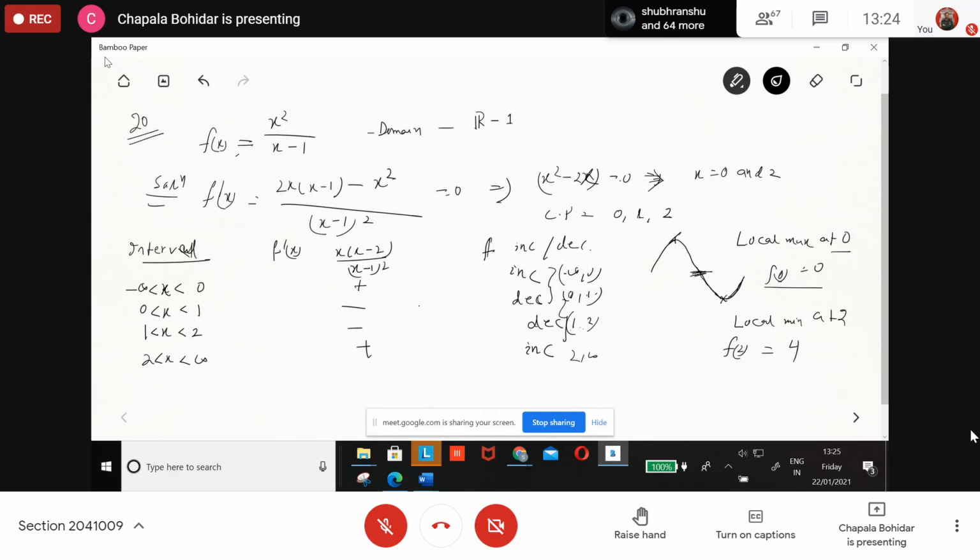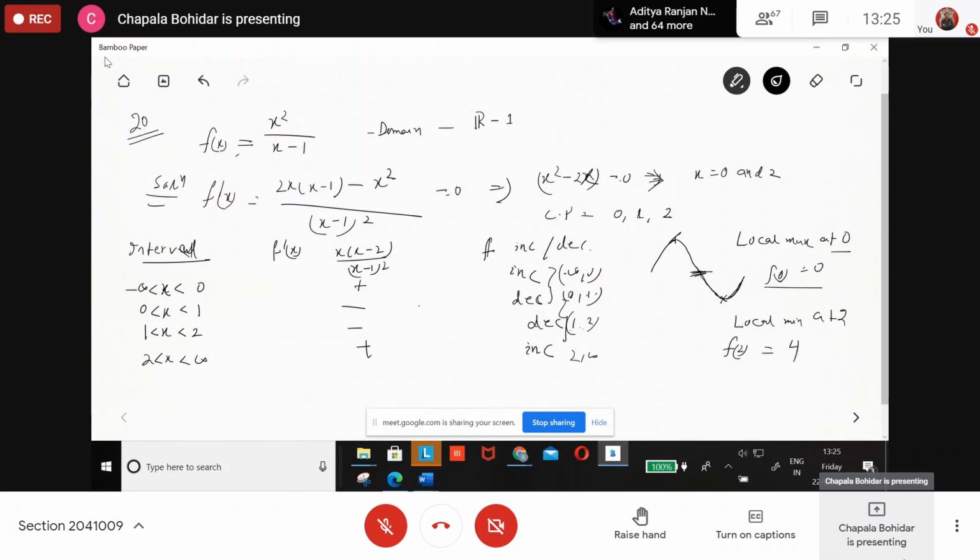Where is your definition? I am searching for the definition of the critical number. Let me first see that one. It is 4.2, critical number. No, ma'am, 4.1. A critical number of a function f is a number c in the domain of f such that f dash c is equal to 0, or f dash c does not exist.